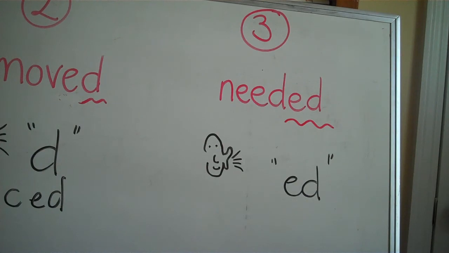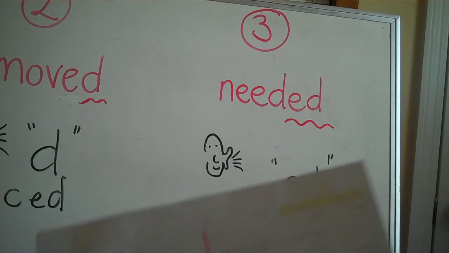Want, want, wanted. It's an ud sound. Because, remember, we looked at if my last letter of my verb is T, like want, wanted. It's my ud sound. If my last letter of my verb is D, need, needed.